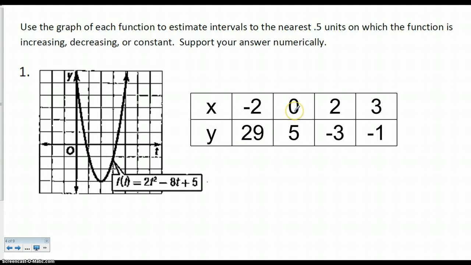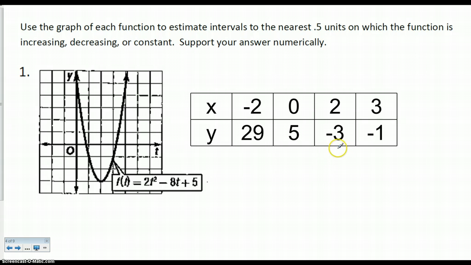When I plugged 0 in, I got a y value of 5. And when I went to 2, I got a y value of negative 3. When I go to positive 3, I got a y value of negative 1. So as the x values are getting bigger up to positive 2, my graph is decreasing because the y values are decreasing.